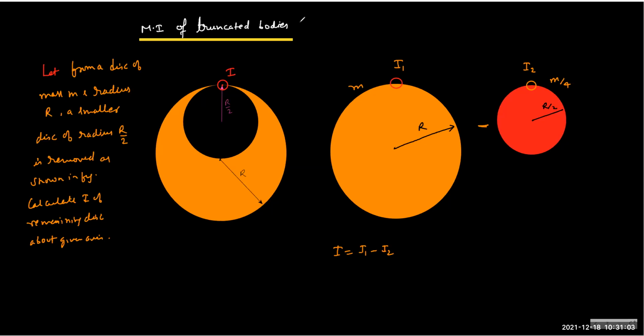No, that is not the right answer, I think. So how much is I1? It's mr square by 2 plus mr square, which is 3 by 2 mr square. So that's the easy answer. Minus 3 by 2, where the m is replaced by m by 4 and r by 2. That's it, that's the answer. If you have done the same, you'll get the same answer.